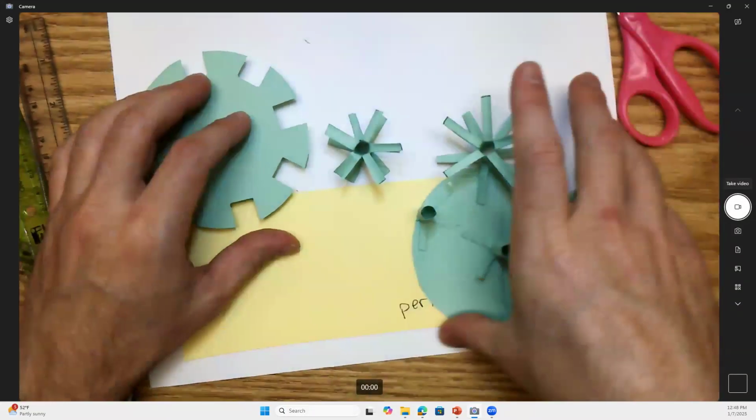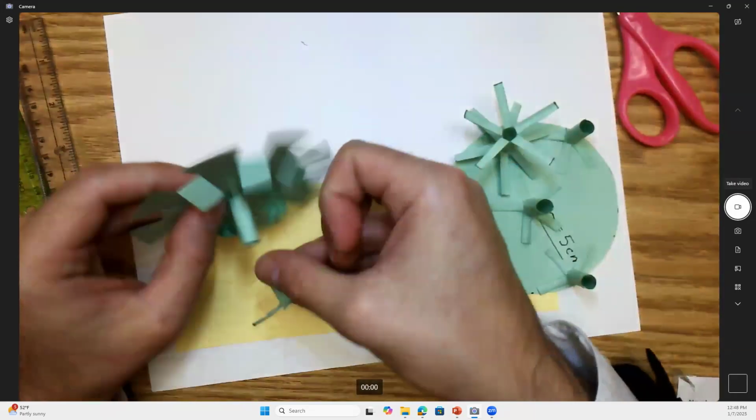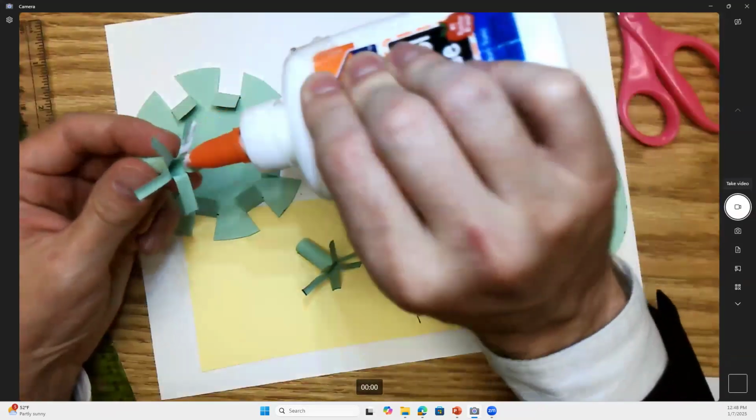And how about looks like the taller one, I want to glue this half of this axis right in the middle of the bottom side of the toothed wheel.